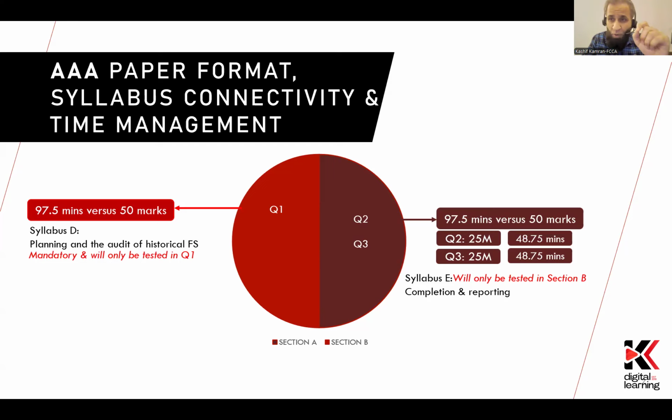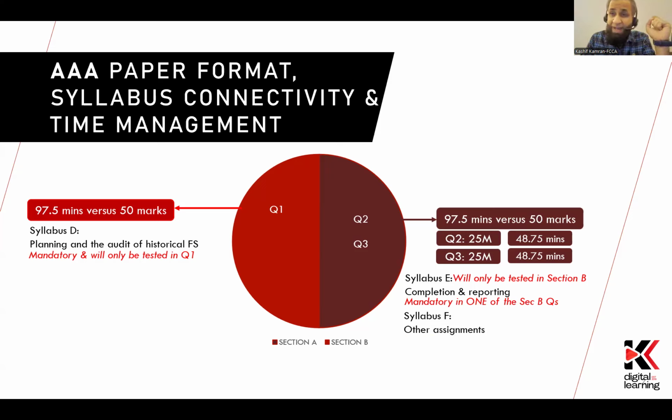One of the questions, 2 or 3, will be from syllabus area E. Syllabus area E, just like syllabus area D, is mandatory, will never be skipped. So one of the two questions in section B has to be from completion and reporting. So you need to be very strong in completion and reporting, just like you need to be very strong in syllabus area D, because it's mandatory, never will be omitted. Mandatory in one of the section B questions. That is what I was emphasizing.